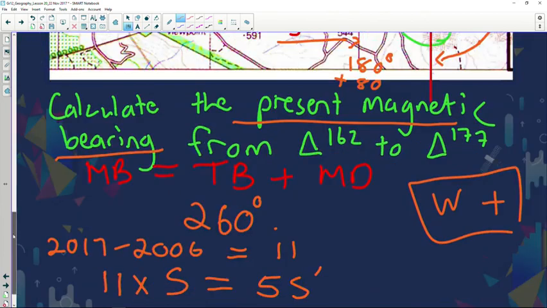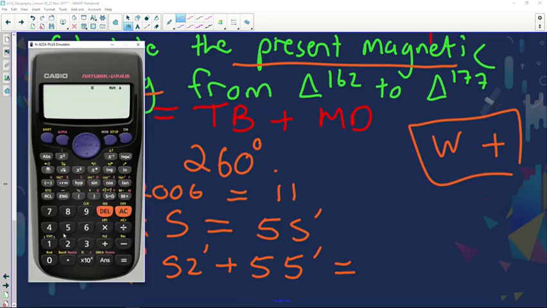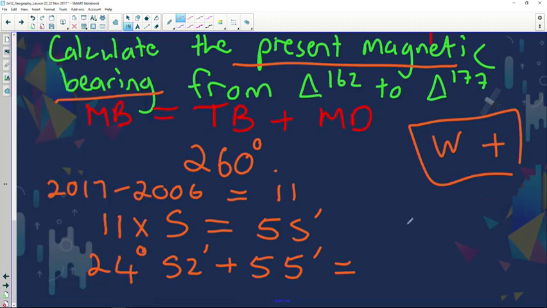In this case, it's 24 degrees, 52 minutes, plus 55 minutes. Let's add the minutes together: 55 plus 52 equals 107 minutes. Now, how many minutes are in a degree? 60 minutes equals 1 degree.